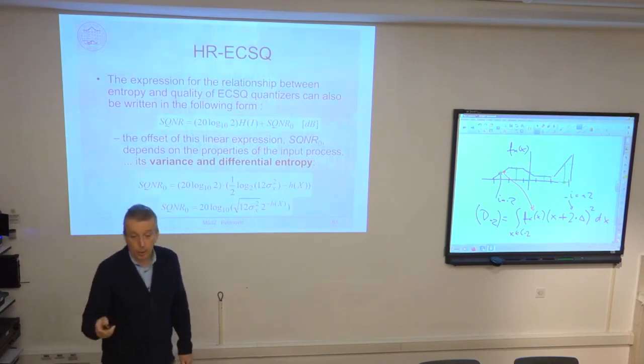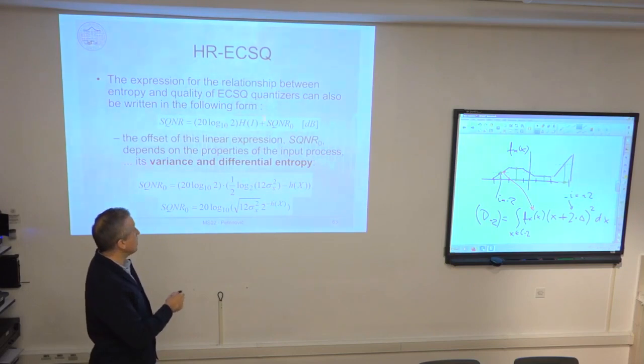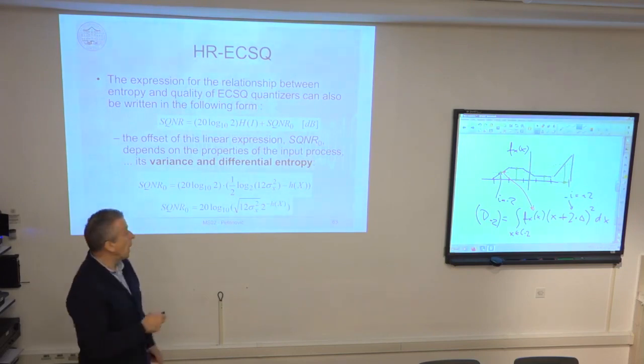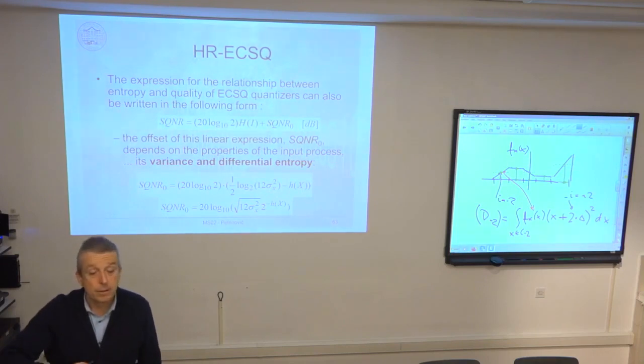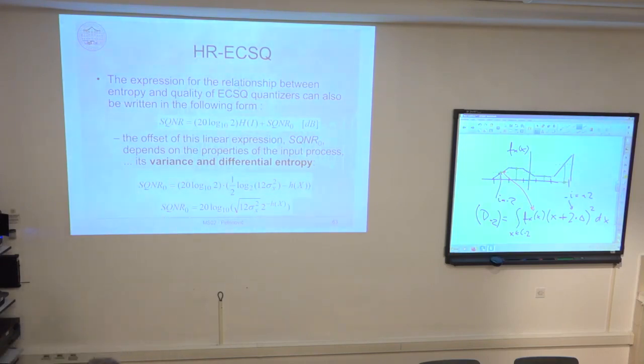And that was the quality. So 6 decibels times the rate. But now I have one additional term, SQNR 0. This is the offset of this linear curve. The higher the offset, the better the quality. For the same rate, I would achieve higher SQNR if this term is higher.